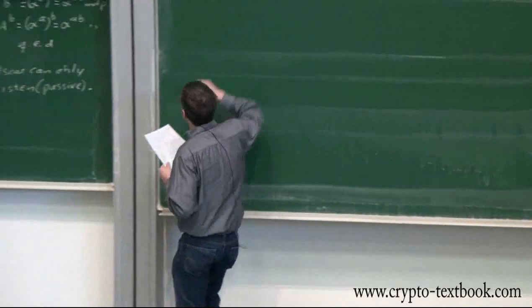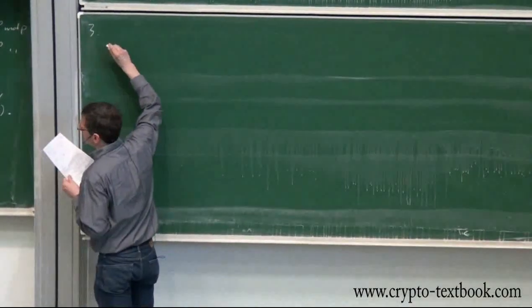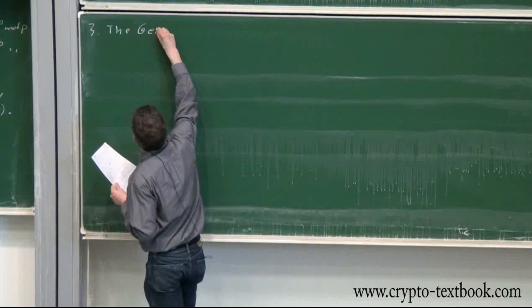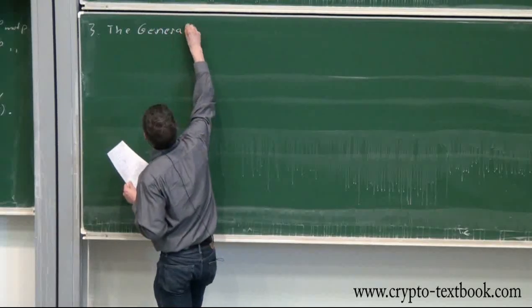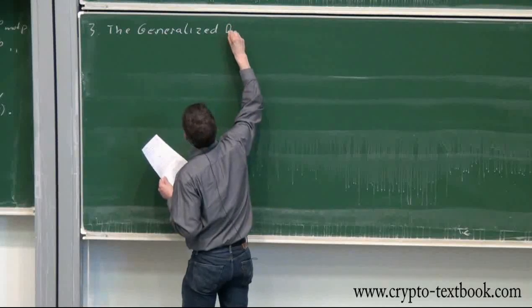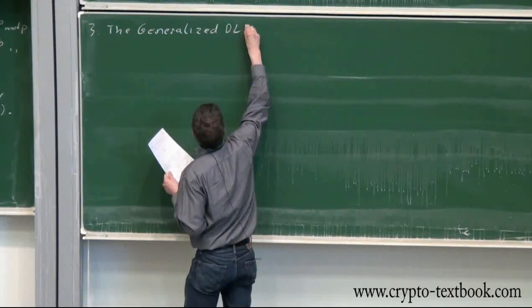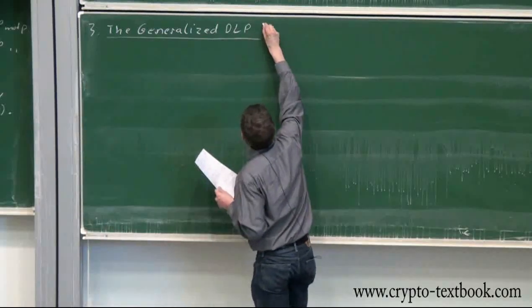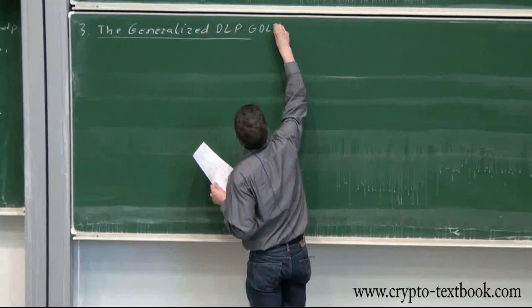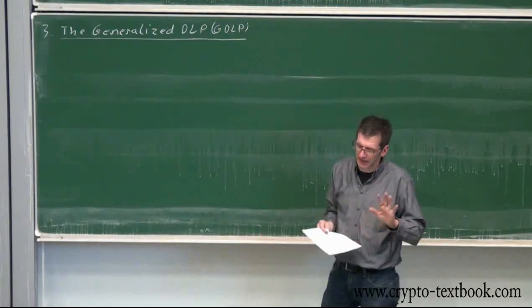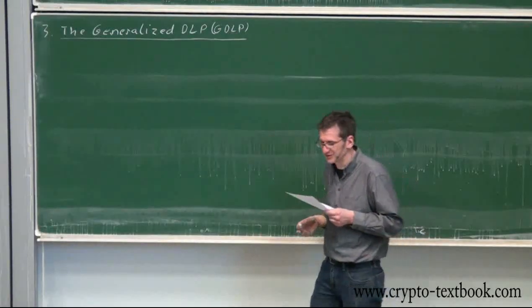Okay, so this is the third chapter of today: the generalized discrete logarithm problem. For people who really like abbreviations, Abkürzungen, GDLP. I don't know how often that is used, but you could use it.